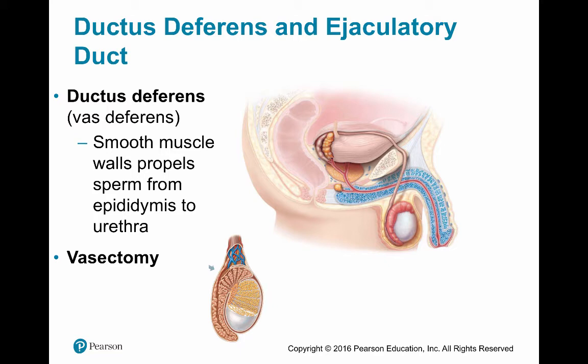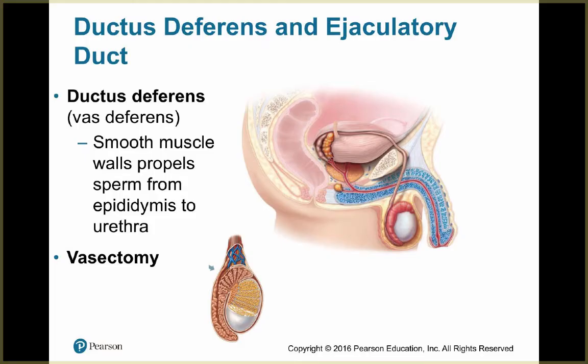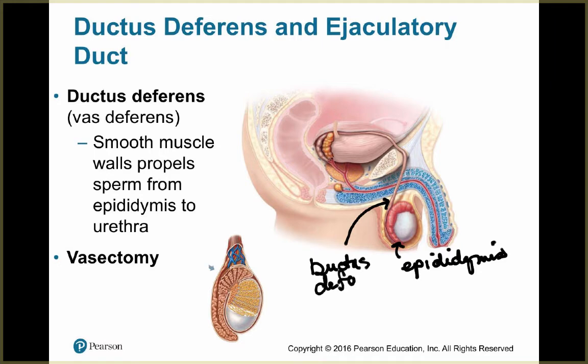And so if you look at this, we're going to start, if you look here, that part right there is what we were just looking at with the epididymis. So basically it's going to go from there into that guy, which is the ductus deferens or vas deferens.